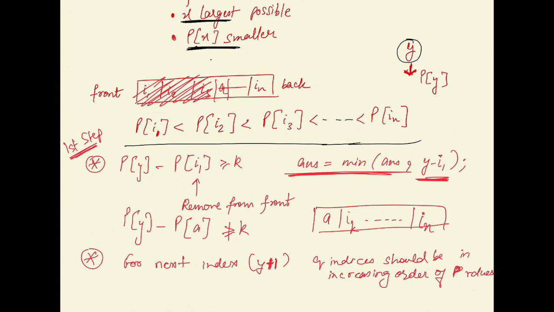So we'll also remove some elements from the back of the queue up to index, let's say b.